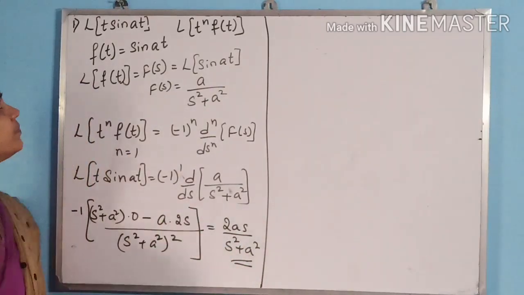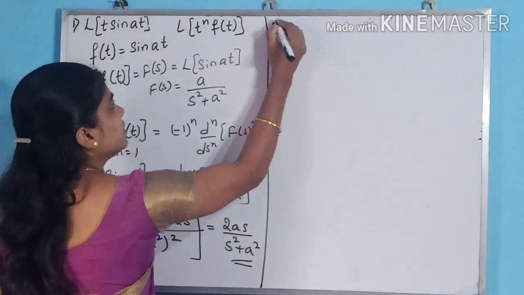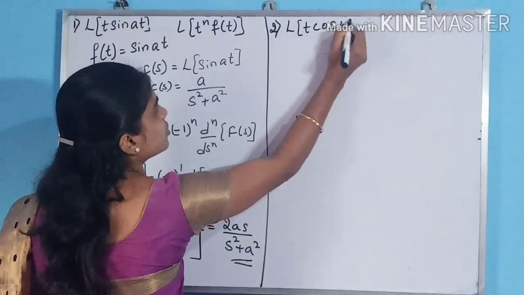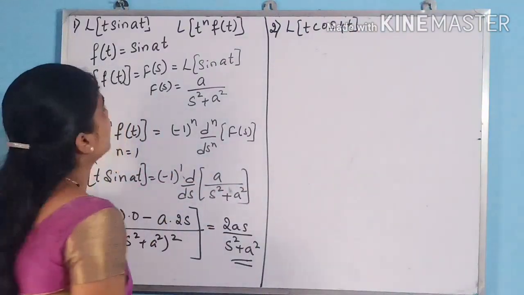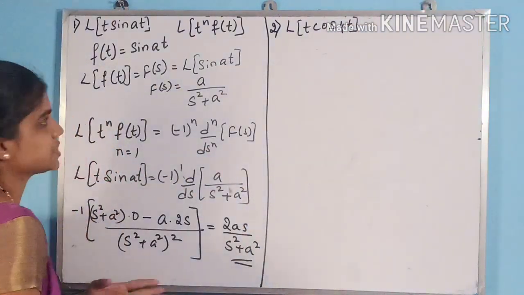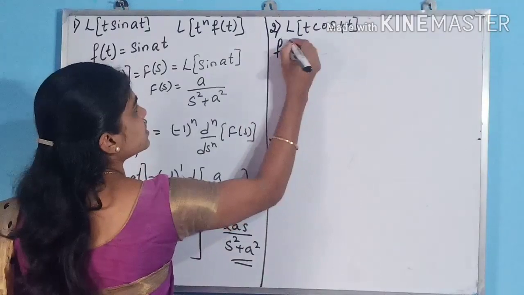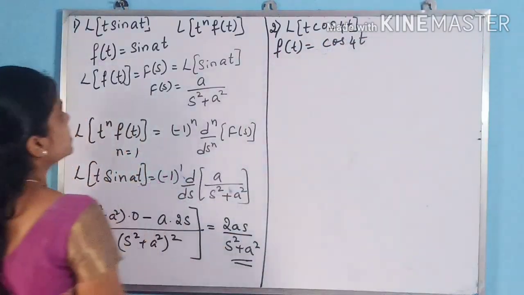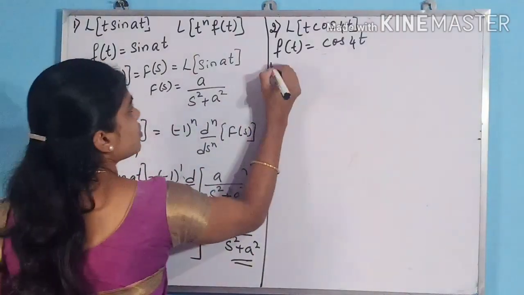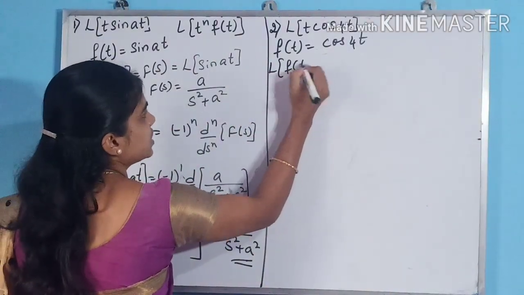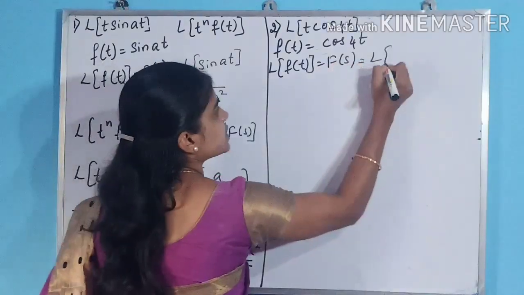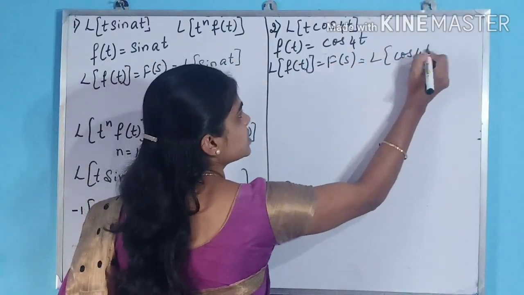Let's solve one more. That is the second one. Laplace transform of t cos 4t. Here again we'll follow the same steps. So f of t is equal to cos 4t, and Laplace transform of f of t is equal to f of s, that is Laplace transform of cos 4t.